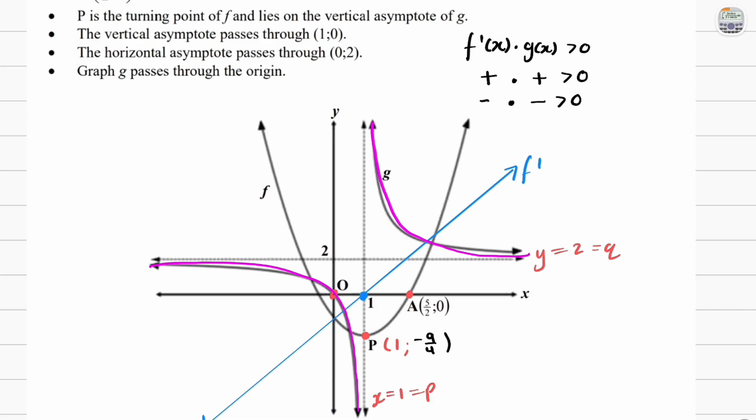So do you see where they are both above the x-axis? Yes, that's over here. Now we just need to pinpoint exactly where that starts. If you look across, you will see that the graph of f prime hits a y value of 0 here, and then it starts becoming positive. With this graph, do you see that it doesn't have a corresponding y value for this x value?